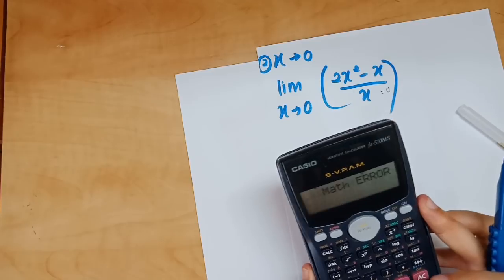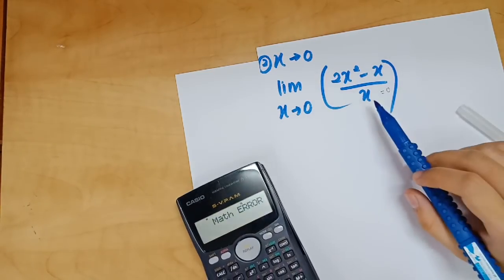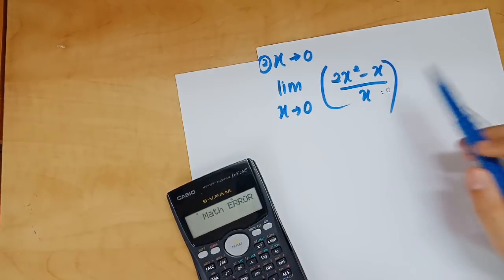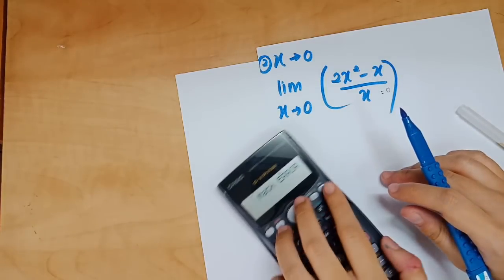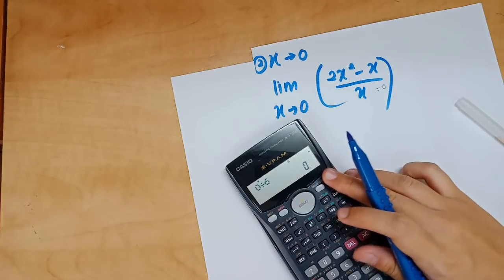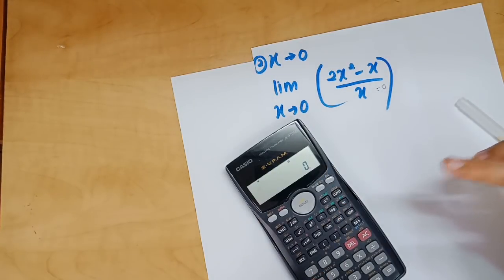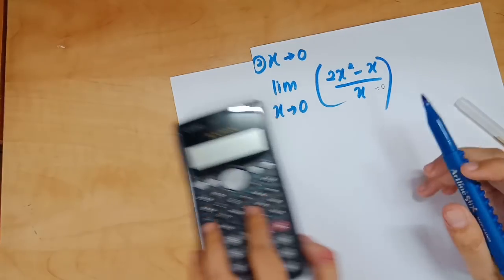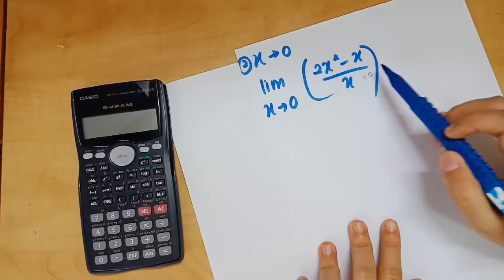There is no value for something divided by 0. This is why you cannot directly sub the value into this. But if you're taking 0 divided by something, then you'll get 0. But you cannot take anything and divide it by 0. So it is impossible that this x can be 0.